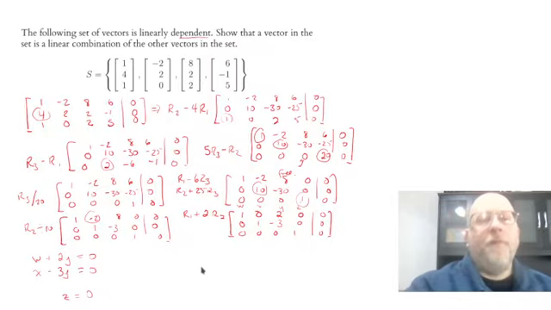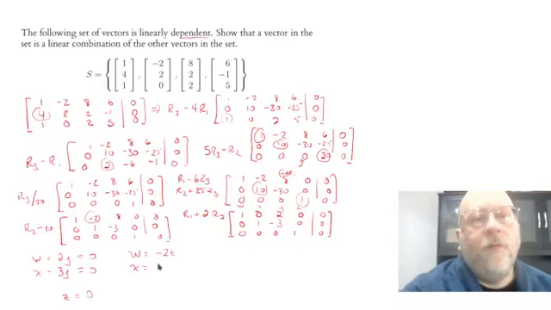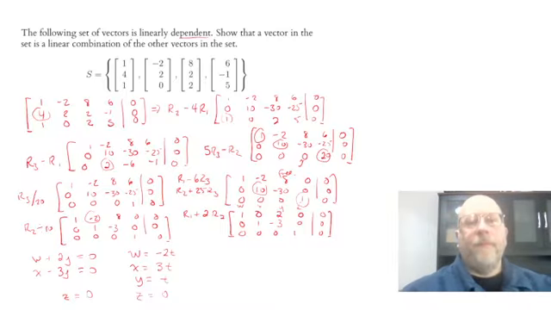But we don't have an equation for y, so we're going to change y to t, and that gives us w is equal to negative 2t, x is equal to 3t, y is equal to t, and z is still 0.